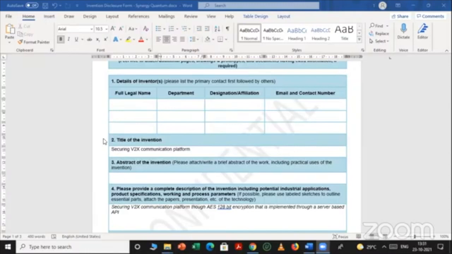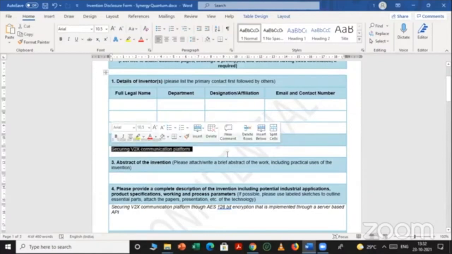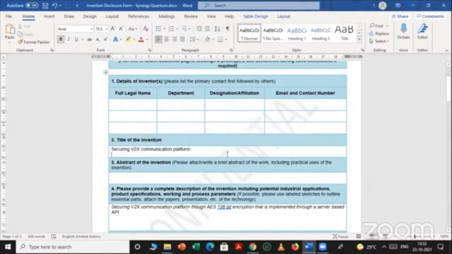For example, I have written an invention topic here, securing V2X communication platform. The title describes itself: I think this invention is related to providing a security mechanism in a V2X communication platform.